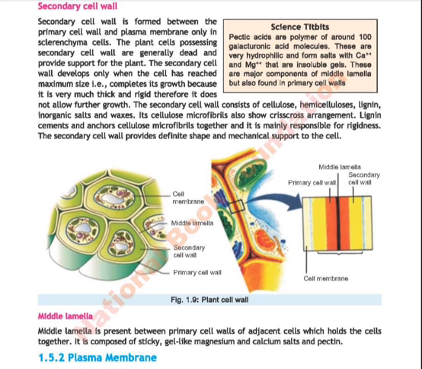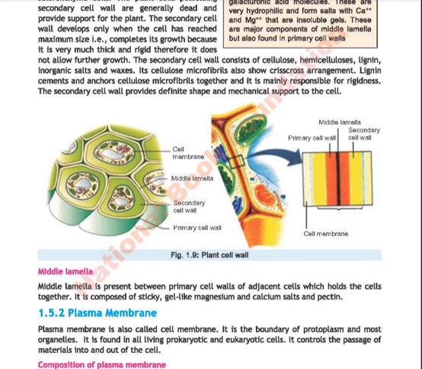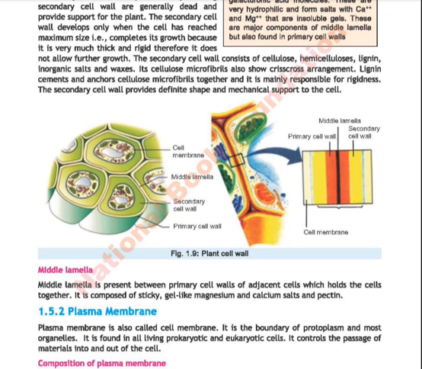Secondary cell wall. Secondary cell wall is formed between the primary cell wall and plasma membrane only in some cells. The plant cells possessing secondary cell wall are generally dead and provide support for the plant.